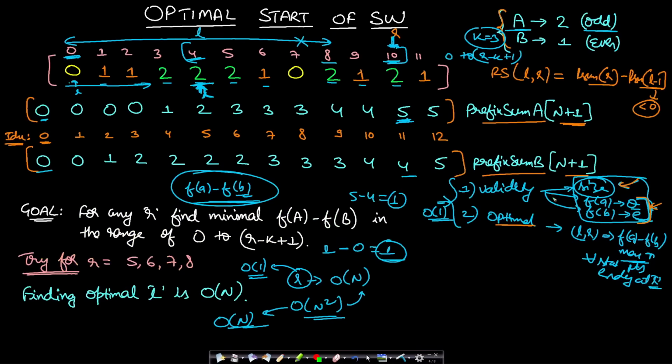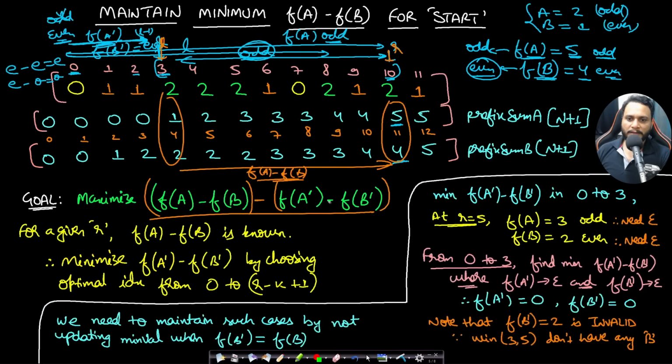Now if you look at validity case, we have one more case. The case is whenever you select a sub array, then the frequency of A must be greater than 0 and frequency of B also must be greater than 0. That must be true. These two things must be true. So if you choose a sub array, like let's say you pick this one as your R, and if you pick this one as your L, then will this be valid?